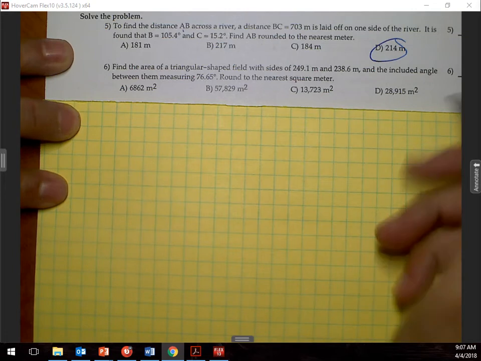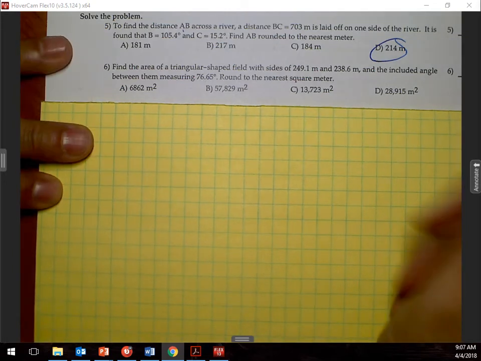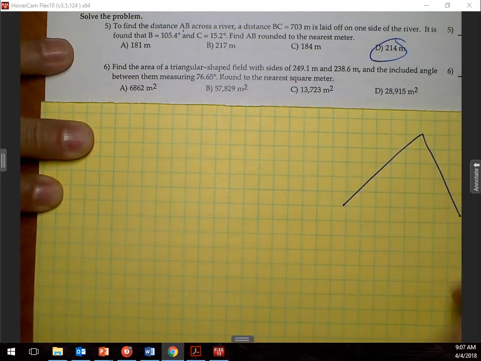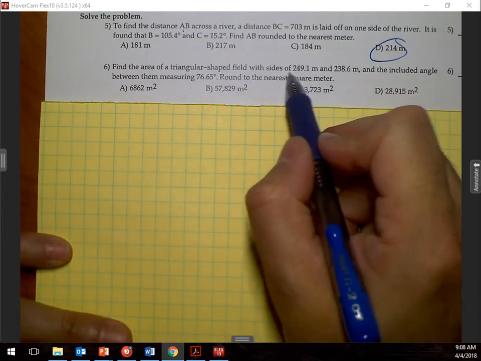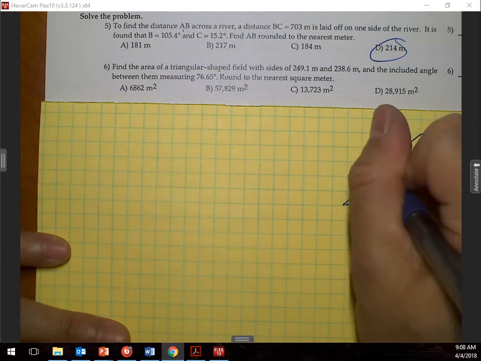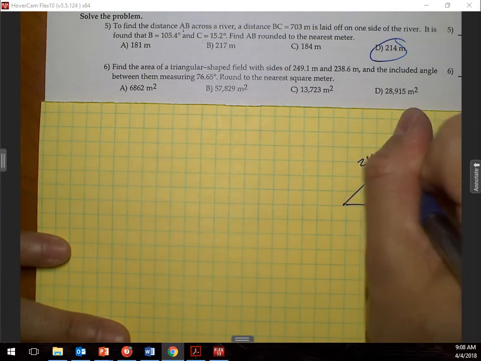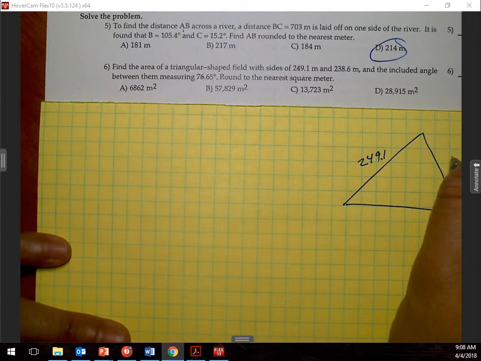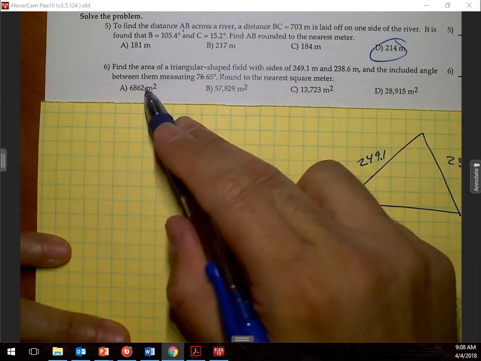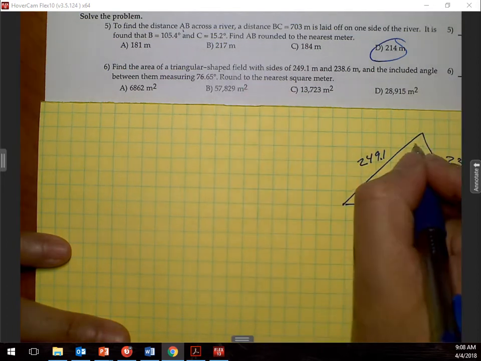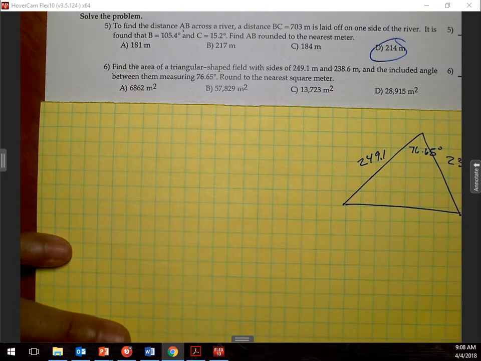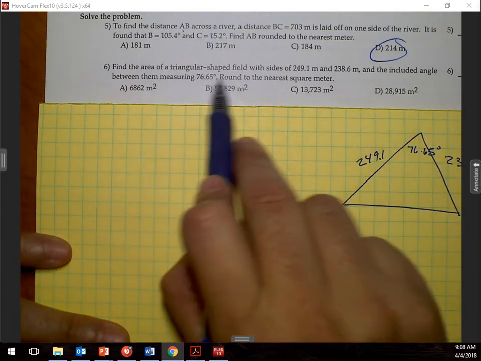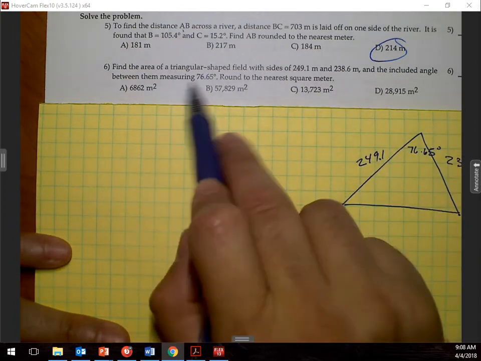Find the area of a triangle-shaped field with sides of 249.1 and 238.6, and the included angle between them is 76.65 degrees. Round to the nearest square meter.